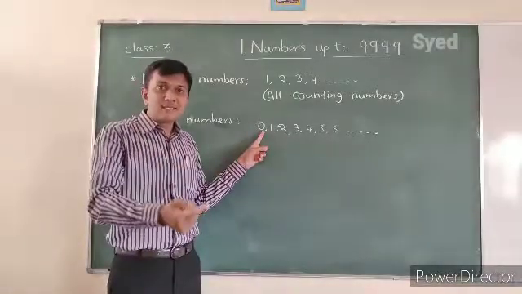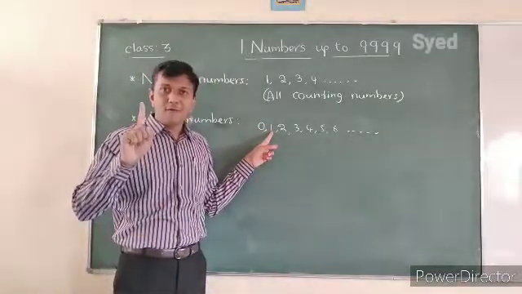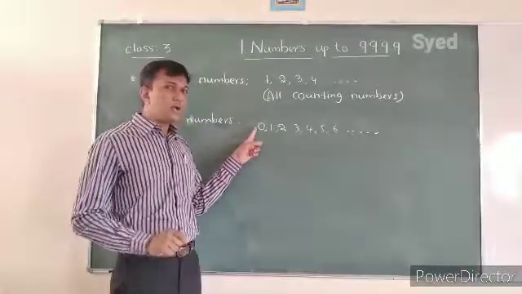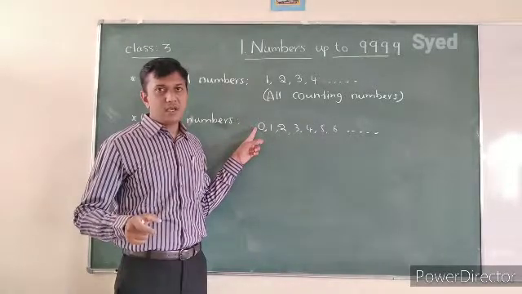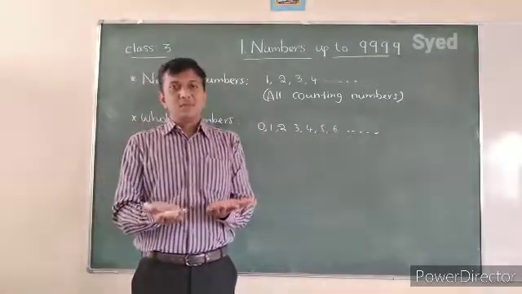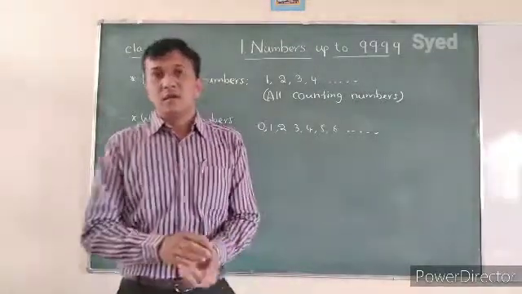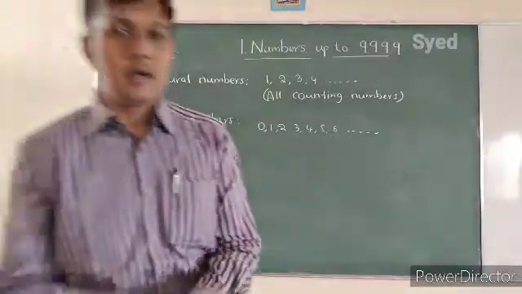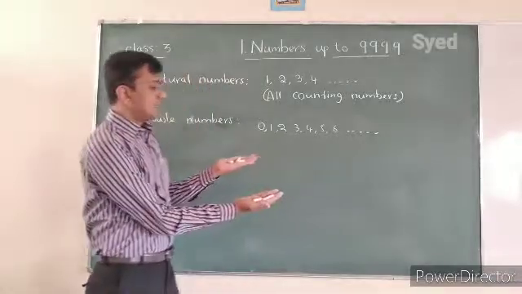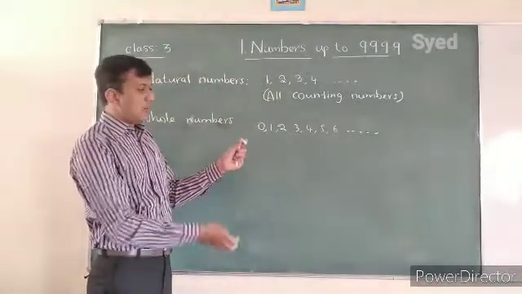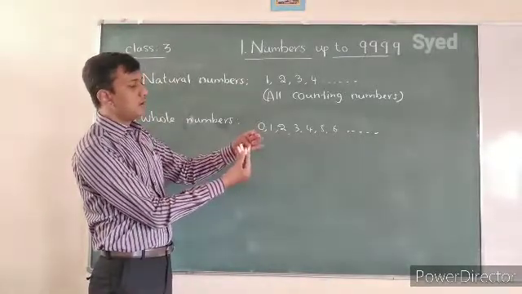After that you entered into the classroom. How many members are in the classroom now? 1. That means 0 is also used for counting when nothing is left. For example, I have some chalk pieces in my hand. So, how many chalk pieces are here? 1, 2, 3, 4, 5.